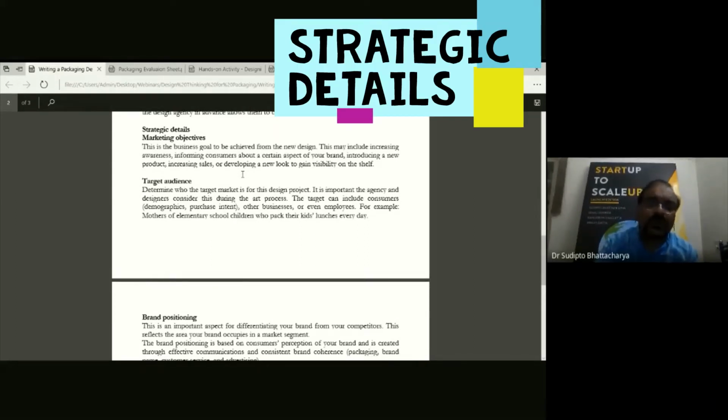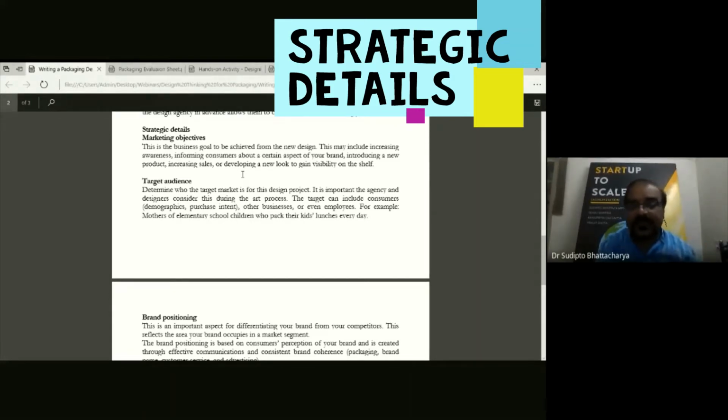You talk about your segmentation, targeting, and positioning initiatives. So in a heterogeneous marketplace, you break your customers into homogeneous clusters and find out what their requirements are. Then after you have segmented, you target them, and you finally position your products there.